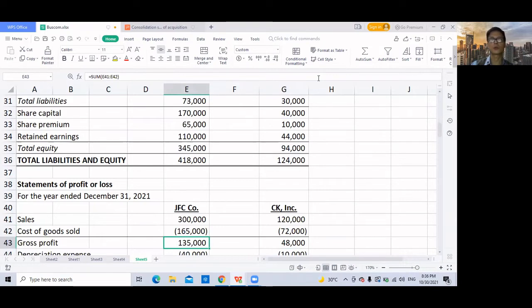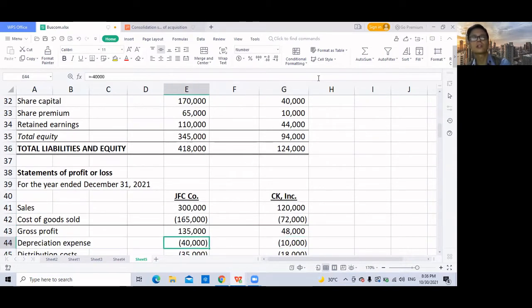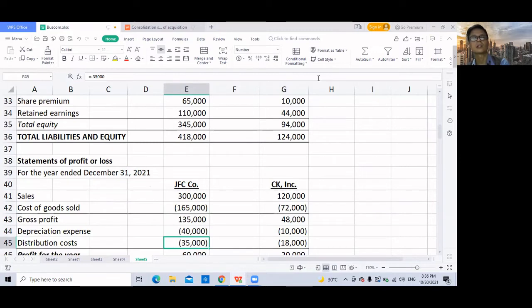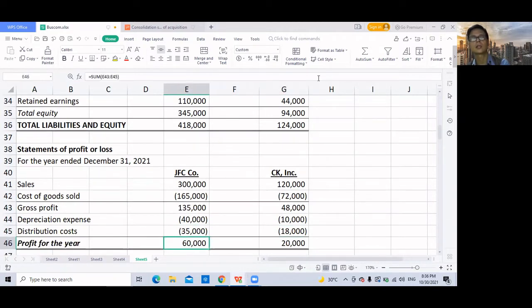Tapos gross profit, ito yung kinitan ni JFC, sales less cost of goods sold. So that's 135,000. Kay CK, that's 48,000. Now, ito depreciation expense, that's 40,000 for JFC, and for CK, that's 10,000. And distribution cost of 35,000 for JFC, and for CK, that's 18,000, for a total profit for the year for JFC of 60,000 and for CK of 20,000.